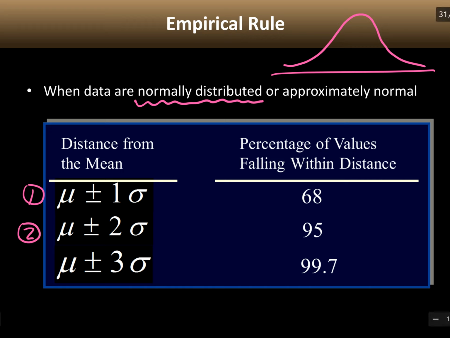Case 2, 2 times, and these are multiplied, by the way, 2 times the standard deviation above or below the mean, we will have 95% of the data, the middle 95%. Just like the IQR was the central or middle 50% of the data. Third case, mu plus or minus 3 times the standard deviation, we have 99.7% of the central data.